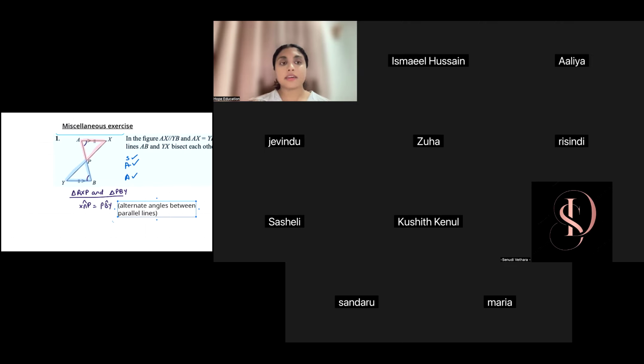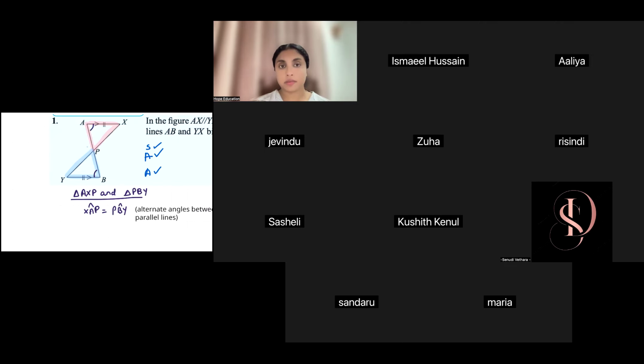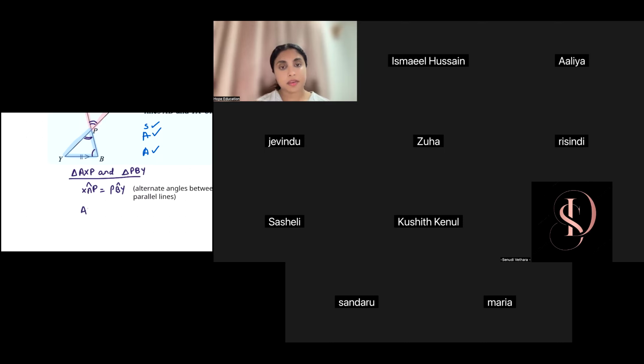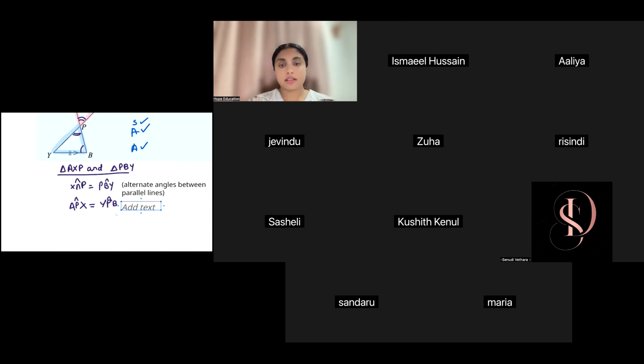Then for the other, I will use this one, vertically opposite. APX equals YPB. Reason, vertically opposite angles.